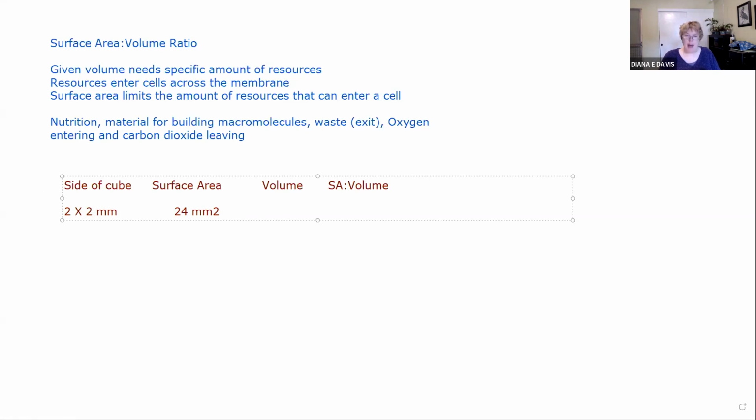And the volume of that is going to be 8 microliters, 1 cubic. Yep, 8 microliters. I think that's right. Anyway, the ratio of the surface area to volume, 24:8, simplified, is 3:1.